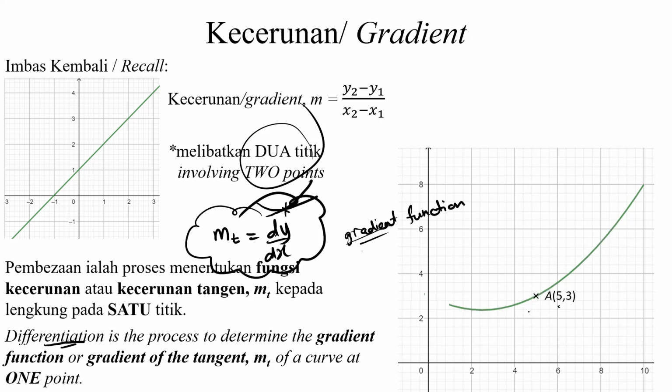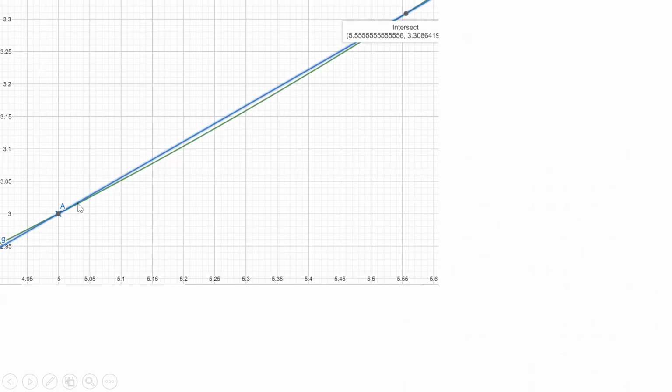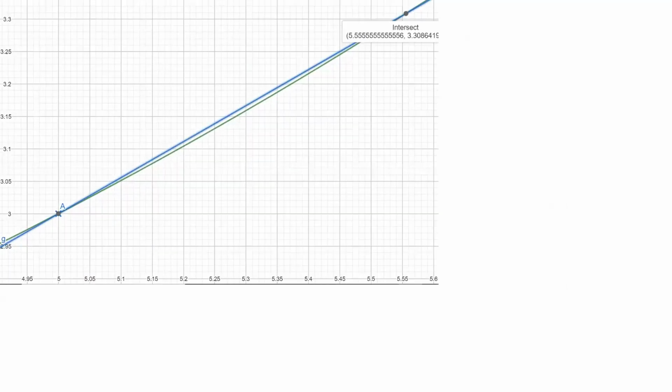But how do I find it? If I draw a straight line, with our naked eyes we feel that that is the tangent. But if I enlarge this part, it is actually passing through 2 points. The one that I just drew looks like the tangent, right? But if you really enlarge it, it touches 2 points.